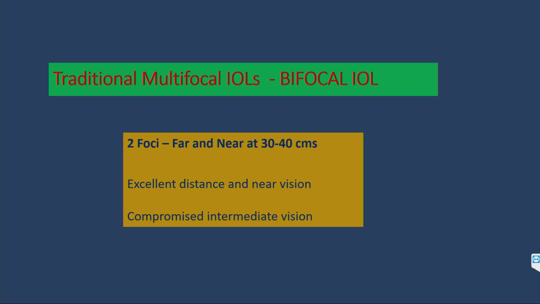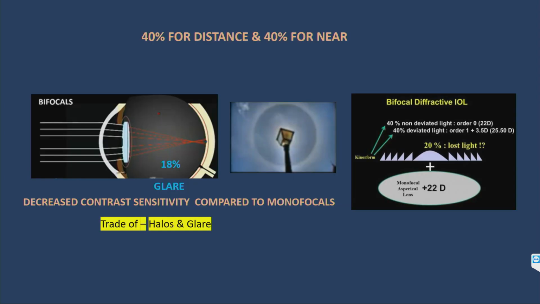The traditional multifocal lenses were bifocal lenses. They had two focal points, one for far and one for near at around 30 to 40 centimeters. They gave excellent distance vision and near vision, but compromised intermediate vision.